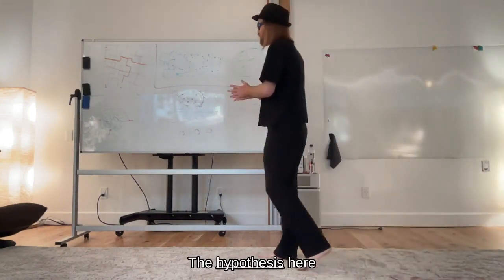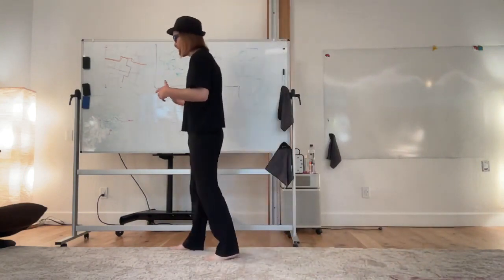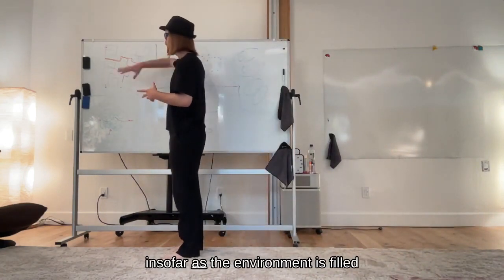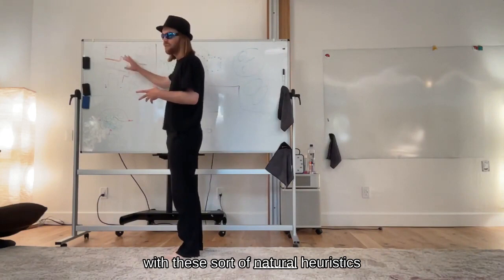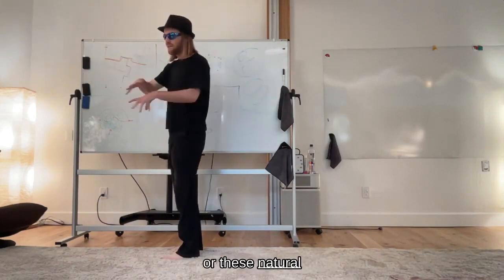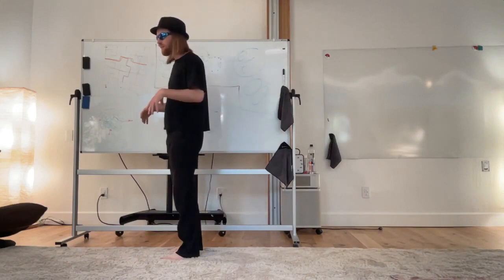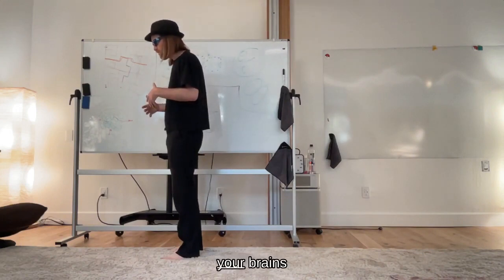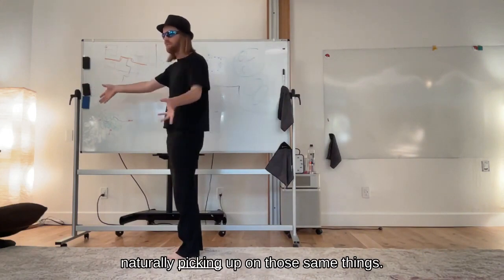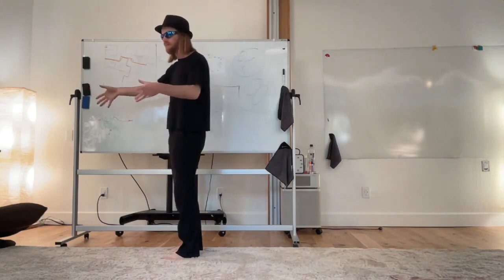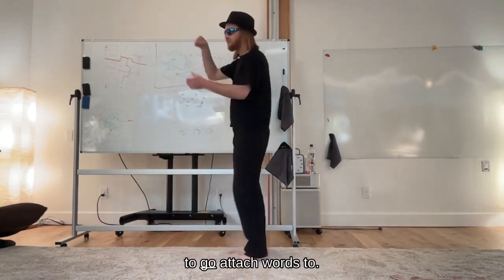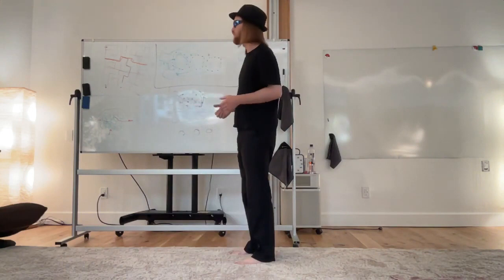And the hypothesis here is, insofar as the environment is filled with these natural heuristics or these natural concepts to use for predictive purposes, your brains are both going to be naturally picking up on those same things, and so those are natural things to go attach words to. Yeah.